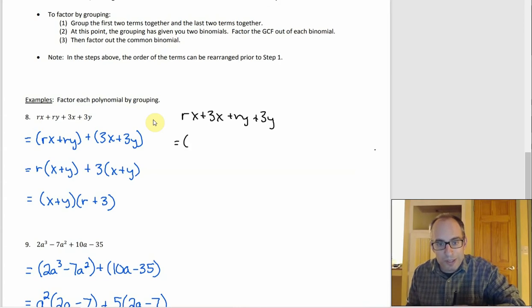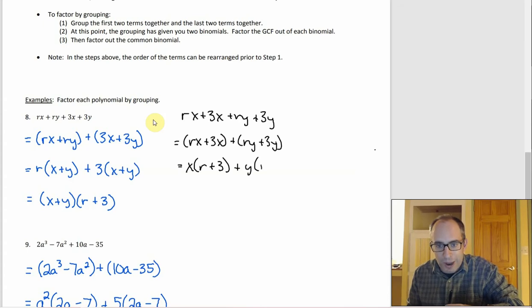Because then you'd say, well, then this is going to be Rx plus 3x plus ry plus 3y. And then the first grouping, you're going to factor out an x. So you have x times r plus 3. Second one, you can factor out a y. So you'd have y times r plus 3. And then r plus 3 is a factor of both of those products. So you'd have r plus 3 times x plus y.